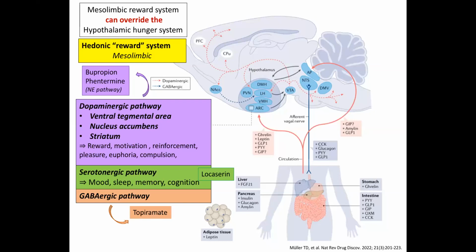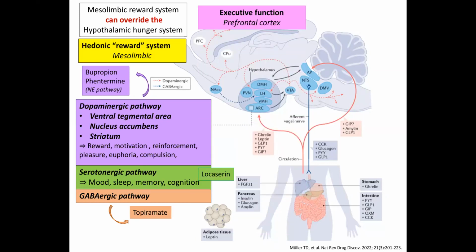So you may then be offered a slice of chocolate cake, and the mesolimbic reward system is what allows you to override that hypothalamic hunger system. And this is what causes hedonic obesity. This is essentially what resets that set point that I was talking about and contributes significantly to obesity.